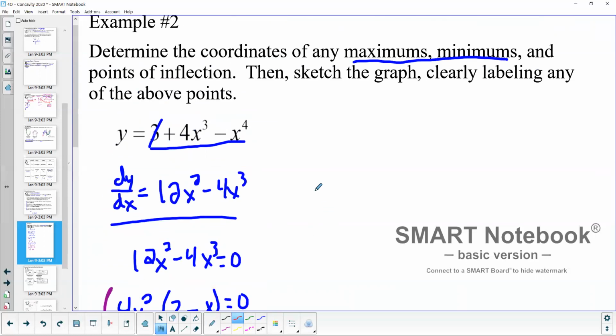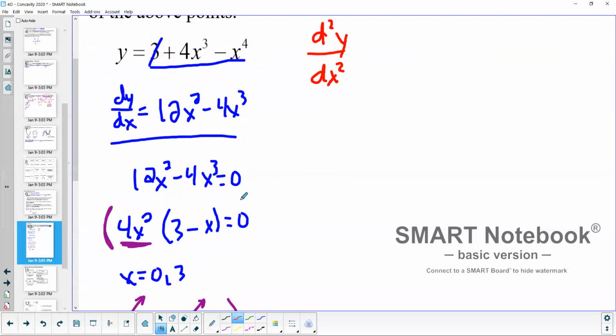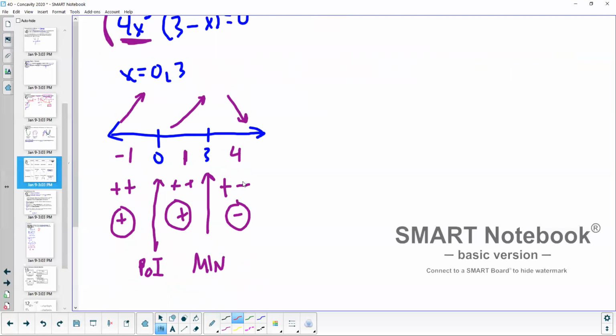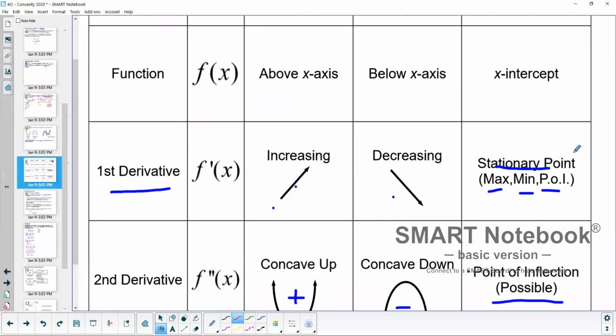We need to do a little more because I want to know also about any points of inflection. And so I'm going to do the second derivative. Now, what's interesting here is the second derivative, when you find it and set it equal to 0, will find points of inflection. The interesting thing about the first derivative is that when you find stationary points, it will give you maxes, mins, and horizontal points of inflection.